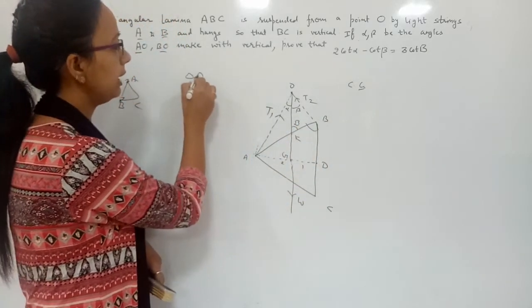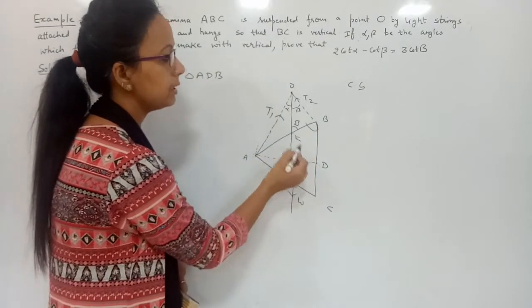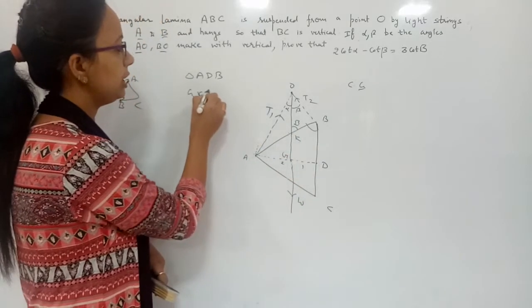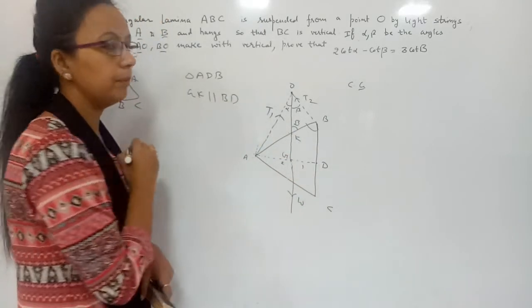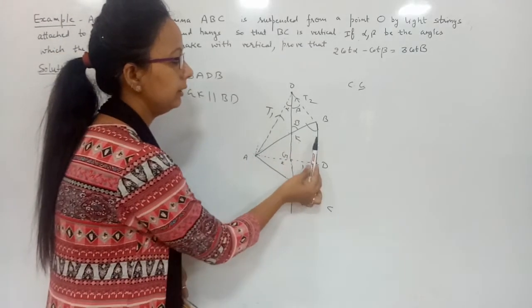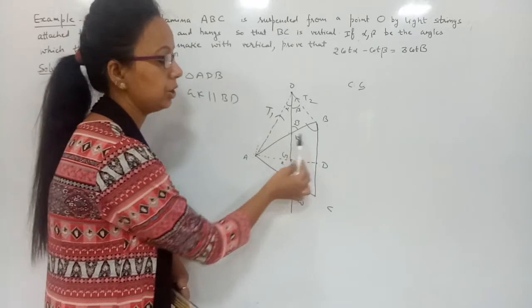Triangle ADB. In this triangle, GK is parallel to BD. And we know in a triangle, if two lines are parallel, then corresponding sides will be in the same ratio.